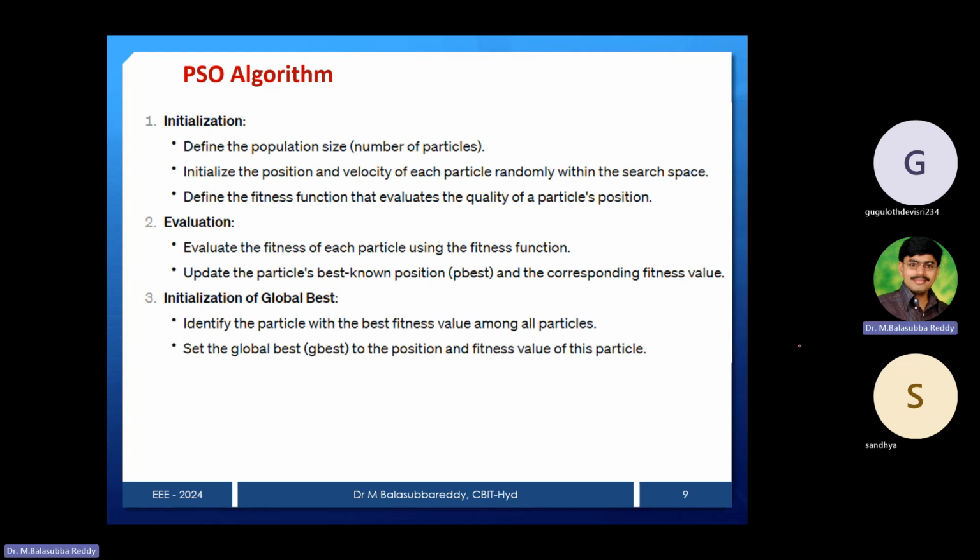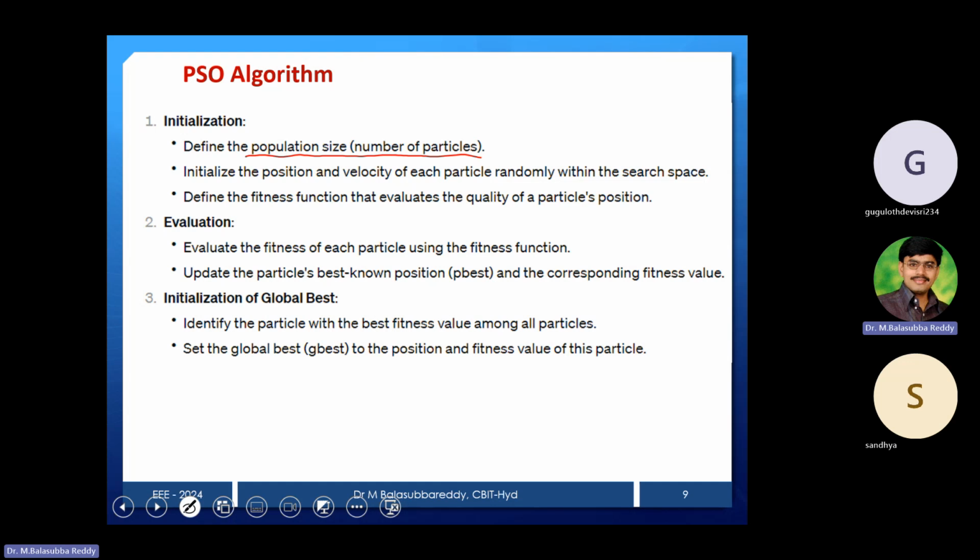Now we can see the PSO algorithm. First one is initialization. For all the algorithms, we do initialization first. Now define the population size, as we did in the genetic algorithm also, what the population size is, that we can fix.